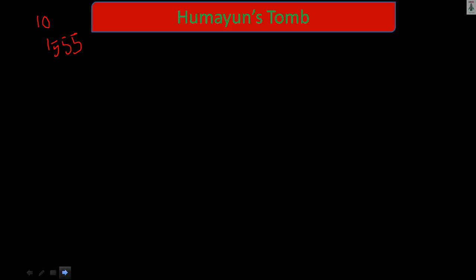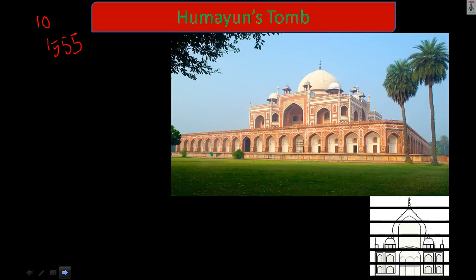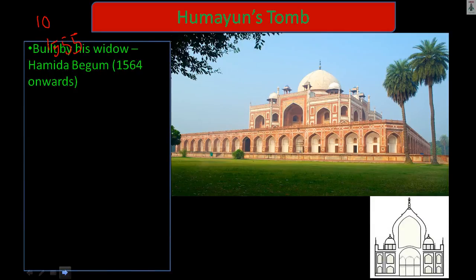So we do not have any good buildings from his time. We have his tomb which was built by his wife, but technically speaking this tomb was built in 1564. So technically this is in Akbar's period, but due to some prominent features we are discussing it before discussing Akbar's architecture. It was built by his widow Hamida Begum.